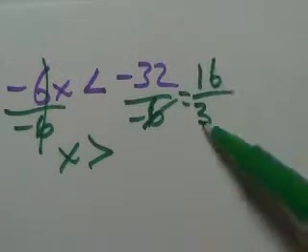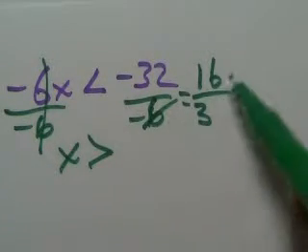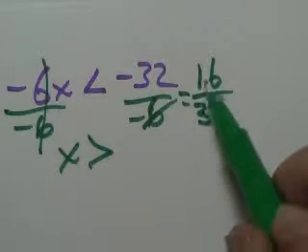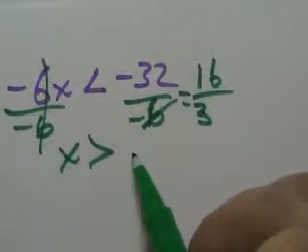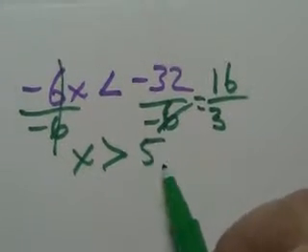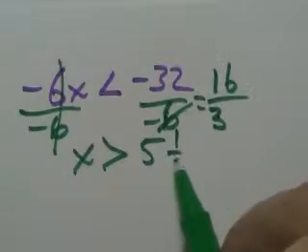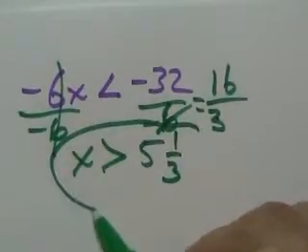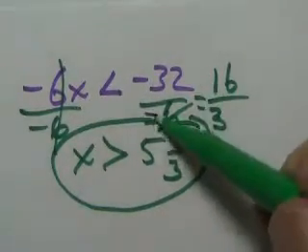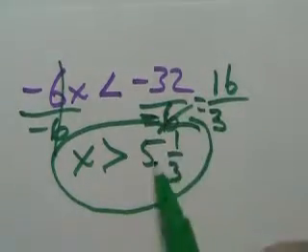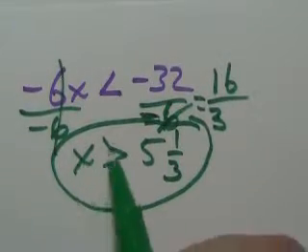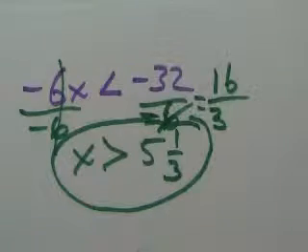So you could leave your answer as 16 over 3, but we want to make it improper. 3 goes into 16 5 times with 1 left over. So that is our answer. And notice we have 2 negatives, so they cancel. So it's positive 5 1/3. X is greater than 5 1/3.